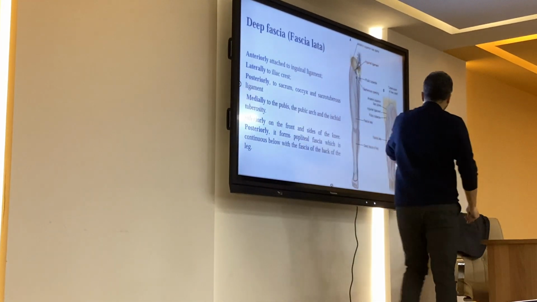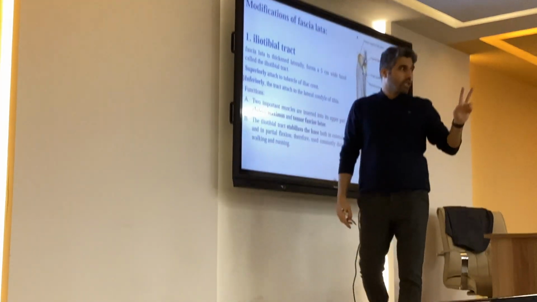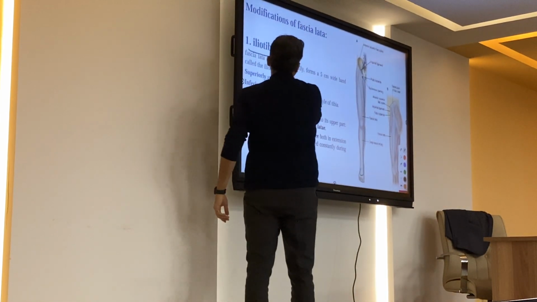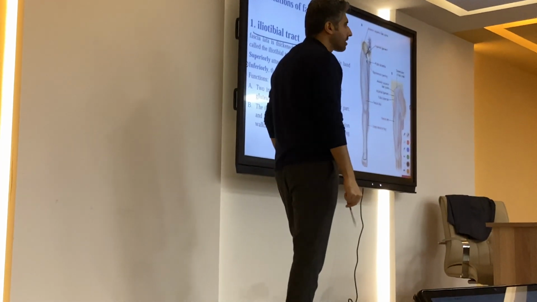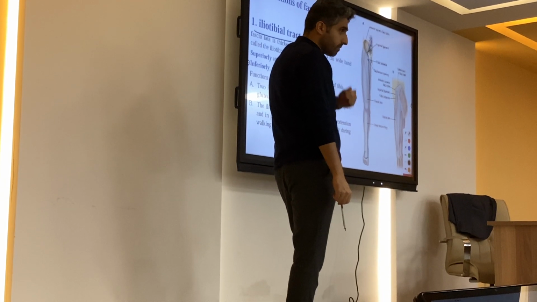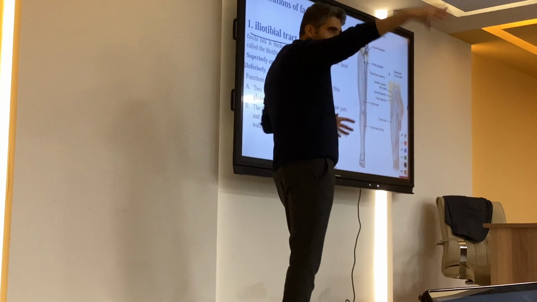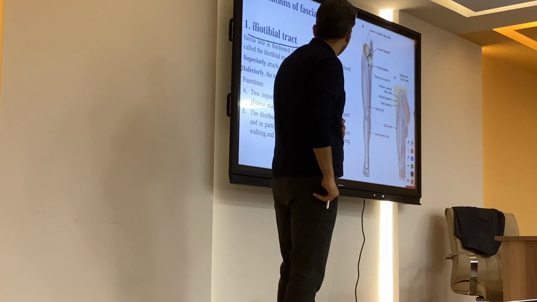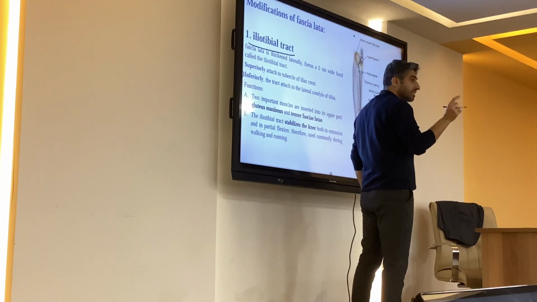So look at the fascia lata. It has two important parts. First of all, the iliotibial tract. What is the meaning of tract? Tract means something like a vein. Iliotibial tract, what is this? A thickening in the fascia lata.